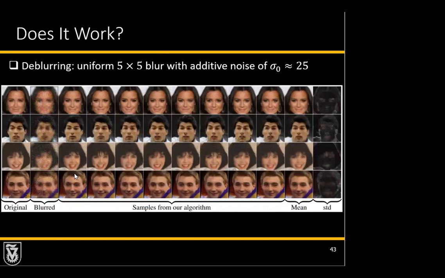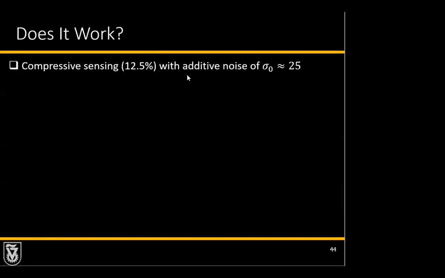And we wanted to see also a third, different problem. So we looked at not just super resolution and deblurring, we looked at compressive sensing, where we take an image and compress it using a random compression matrix, a random matrix that decreases the size, in this case to 12.5%.